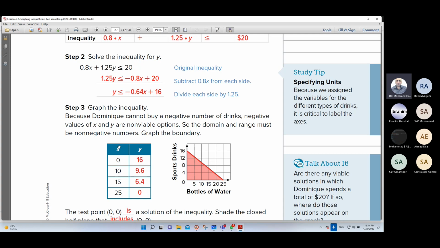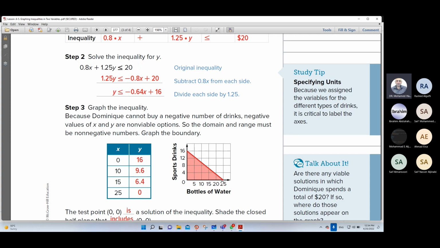As you see from this table, if you have x equal 0, you will get y equal 16. If you have x equal 10, you will get y equal 9.6. If you have x equal 15, 15 times negative 0.64 plus 16, you will get 6.4. And if you have x equal 24, you will get y equal 0. So you can represent these points in the graph.